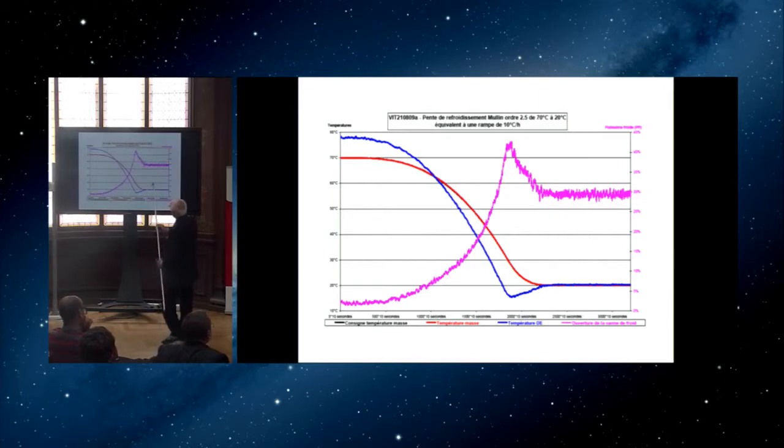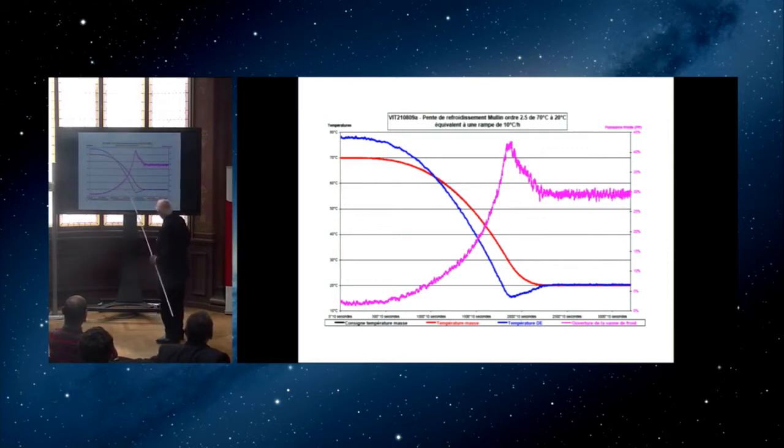So here you have to freeze. This is the cubic, or order 2.5, let's say cubic. This is the set point to be followed. The blue is the temperature of the outside, and this is the valve. So, you see, you have a beautiful message.